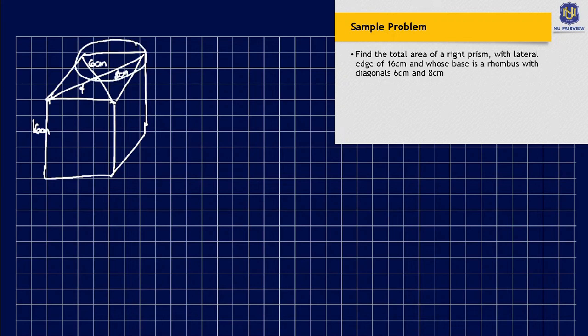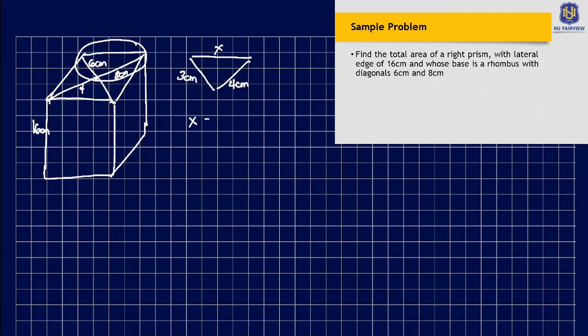Now, ilabas natin to. Magpapakita tayo ng figure. So, meron kayo dyang 3 cm at saka 4 cm. Now, makukuha natin yung x. So, try natin gamitin yung Pythagorean theorem.